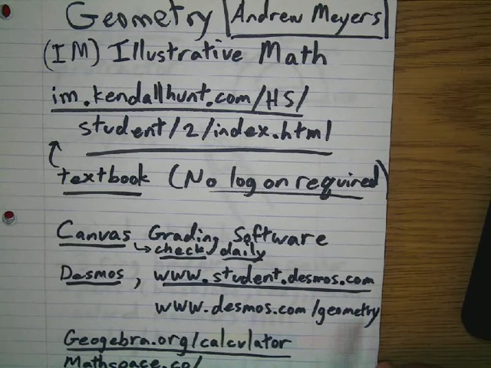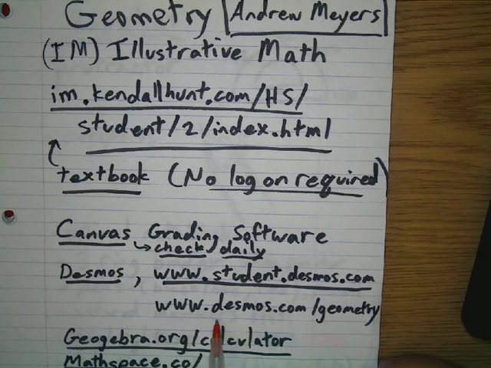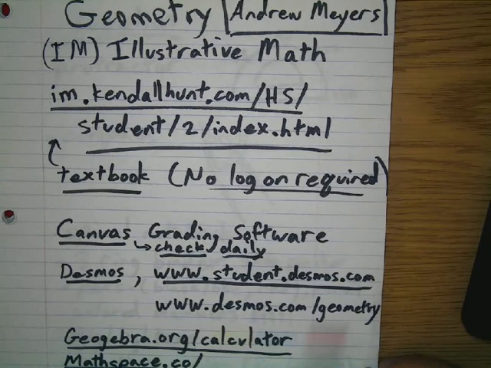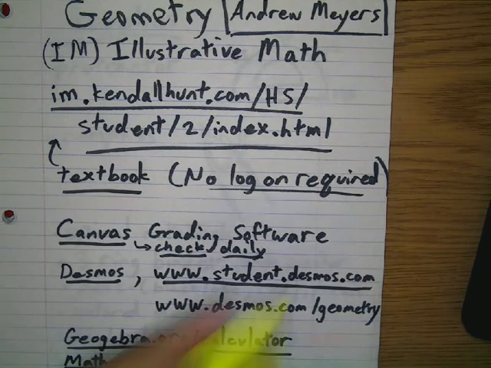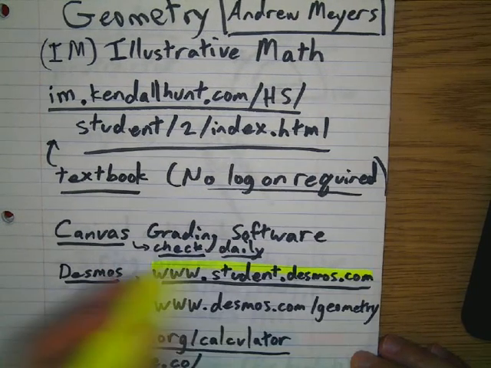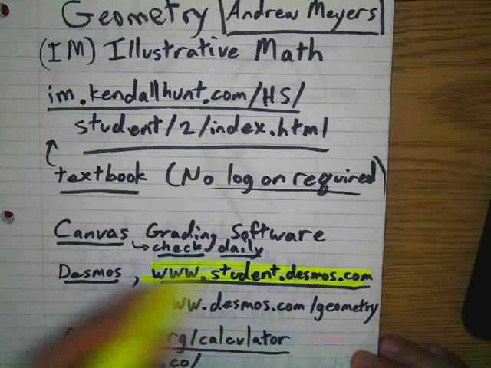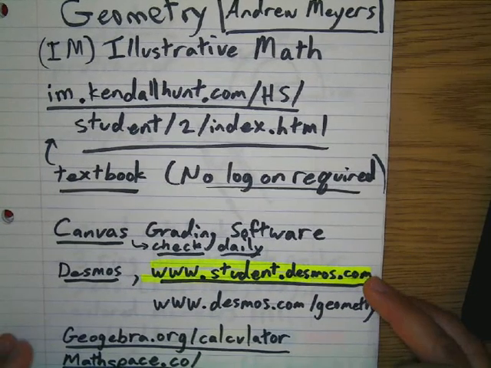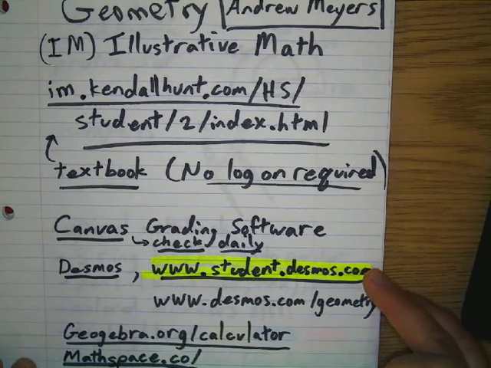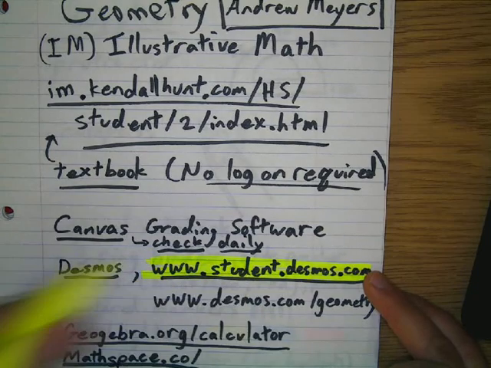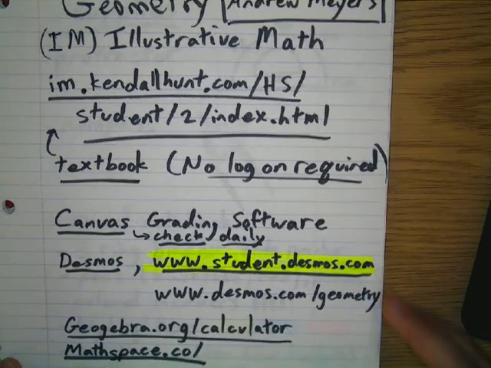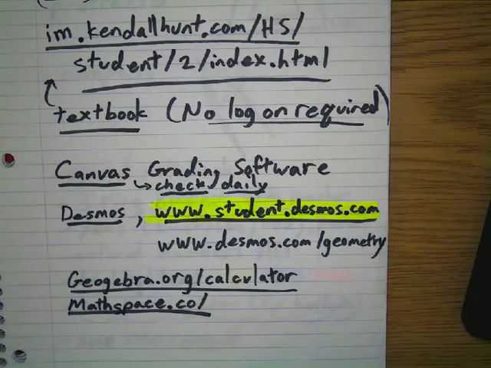If you want to practice some geometry things, you can go to desmos.com/geometry, but this one here we're going to be using most. In Canvas and during class, I'm going to give you a code to use when we're doing class synchronously and asynchronously too.